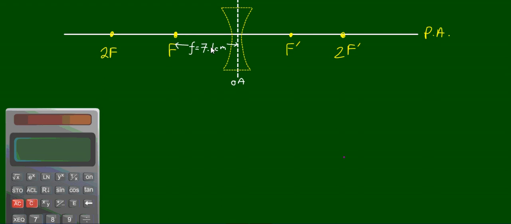I'm also going to choose an object whose distance is roughly double the focal length, so somewhere in the neighborhood of 14 centimeters. This is the height of the object, and the distance of the object to the center of the lens, d sub O, will be 14.0 centimeters.